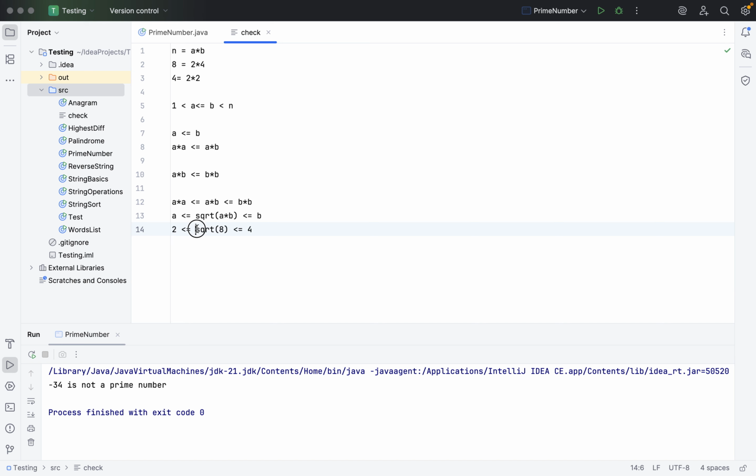This number will definitely be 2 point something, and it is less than the square root of 9, which is 3, right? So we can optimize this by just checking for a multiple till the square root of the number. With this logic, we will make the second way to find if a number is prime.